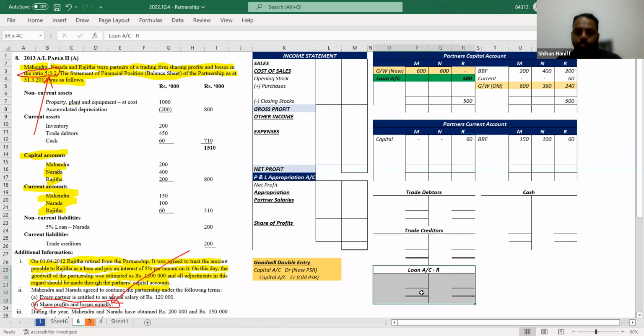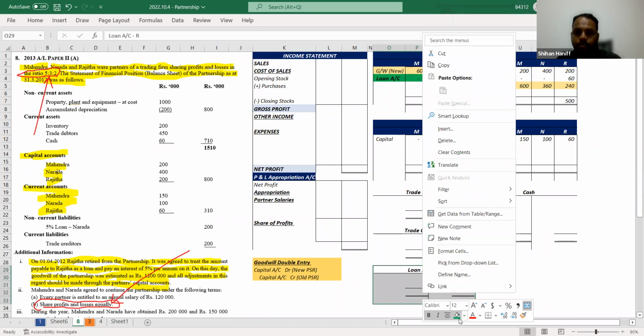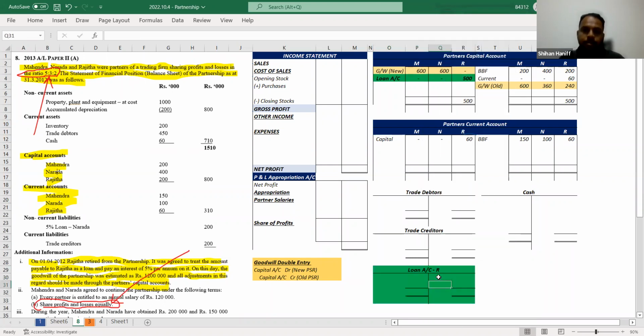So here is the loan account. From capital, 500 will be credited to the loan account.